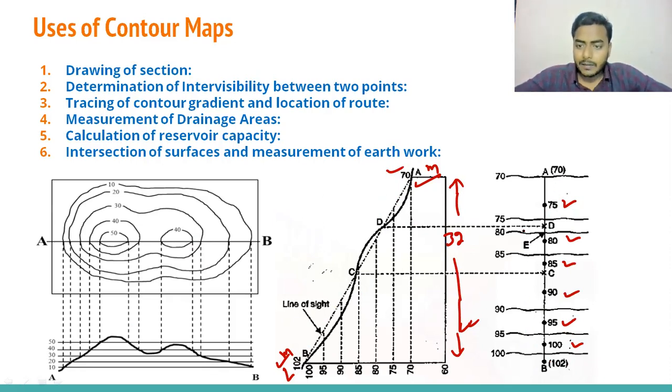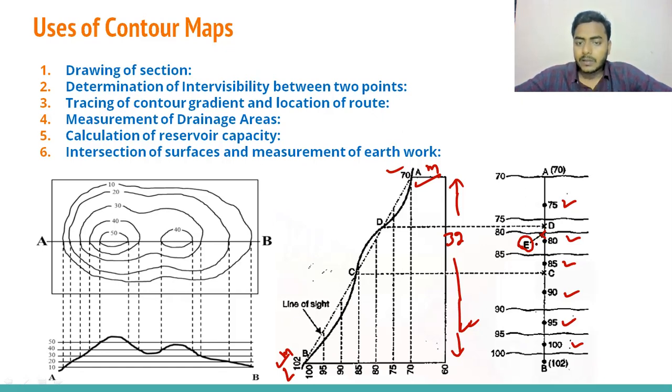Once it is done, see the point D. On this line AB, this point is showing 80 meter elevation. But you can see the point E is also showing 80 meter.